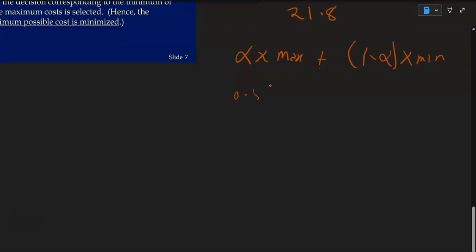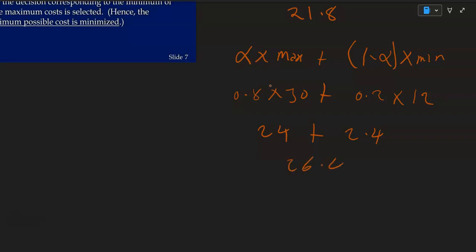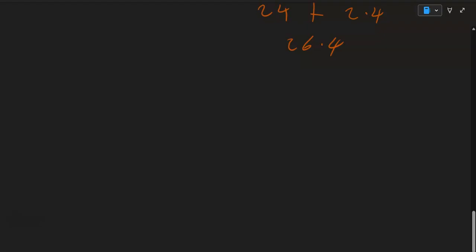So we have 0.8 multiplied by maximum, which is 30, plus 0.2 multiplied by minimum, which is 12. What is 0.8 times 30? That gives us 24. Plus 0.2 times 12, that is 2.4. That will give us 26.4.